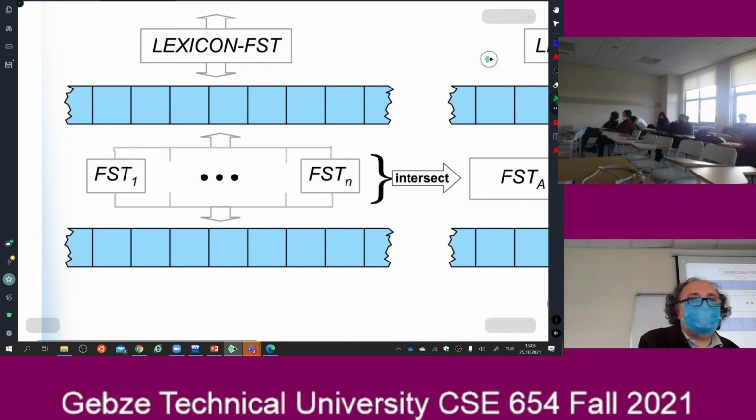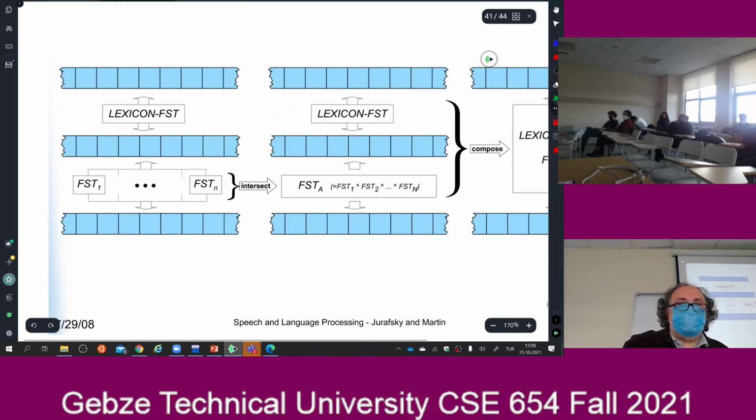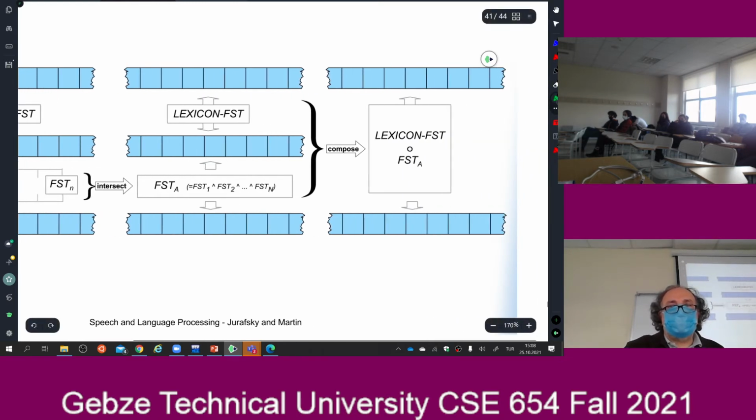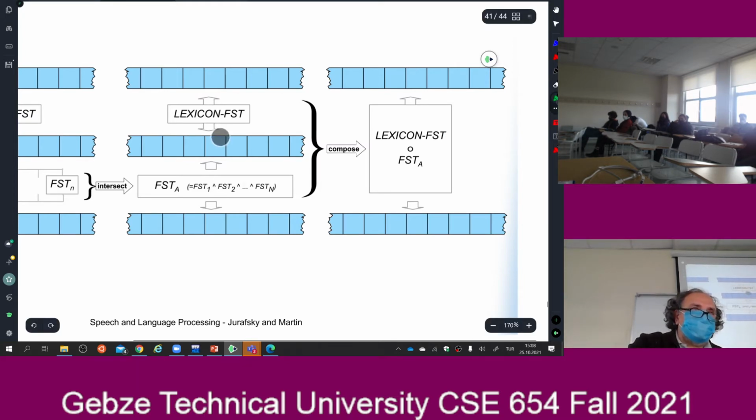So this will make one huge finite state transducer. Again, another finite state transducer. Can we combine these two together? Yes, the answer is yes. It's called composition. Compose them together. So the output of this transducer is the input of this one, and this composition operation.